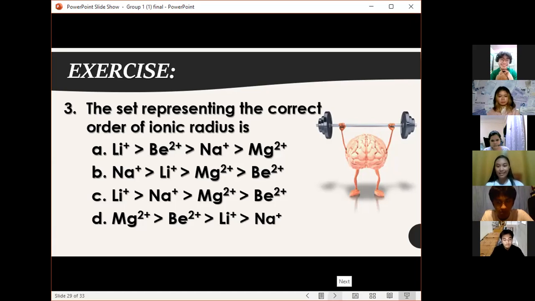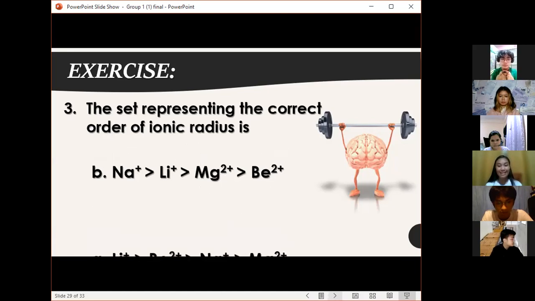As Leonard said, from right to left, the size increases, and from top to bottom, it also increases. So when we check the periodic table, sodium is below lithium, which makes it bigger than lithium even though they are both in the leftmost group. So the order of that set is sodium, then lithium.